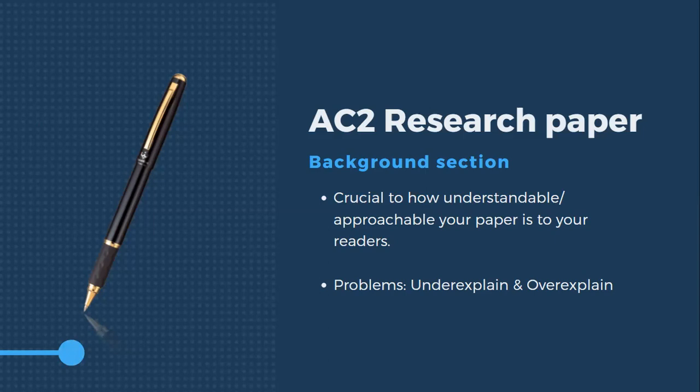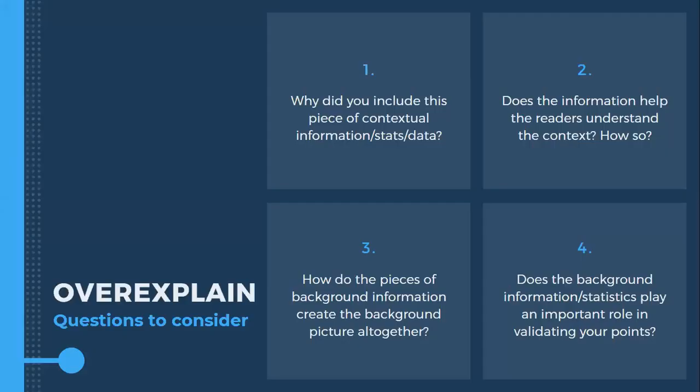So to resolve this problem, consider several questions when you are including background information. The first is, why did you include this piece of contextual information? Does it help your readers to understand the context? How exactly does it help? And how do all of your background information pieces create the background picture altogether?